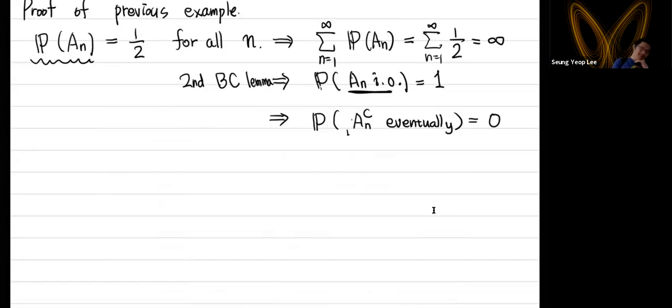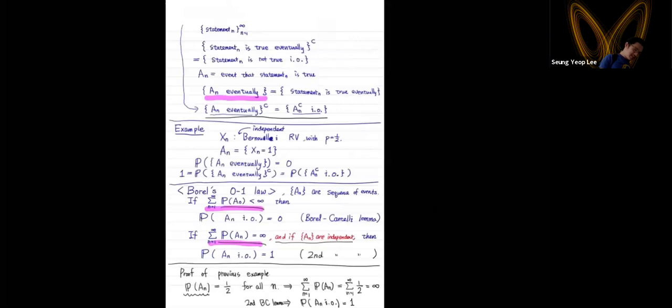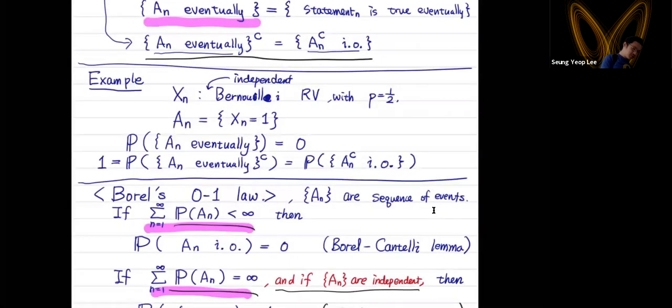What does this mean? This is the tail. Tail eventually has probability 0. That's what we just proved. In the example, we guessed correctly that the probability of head eventually is 0. It's very unlikely to have head all the time after some point. But whether it's head eventually or tail eventually, that's of course the same.